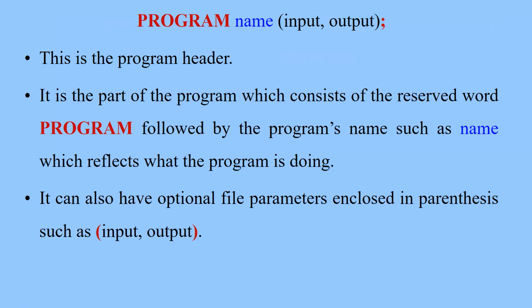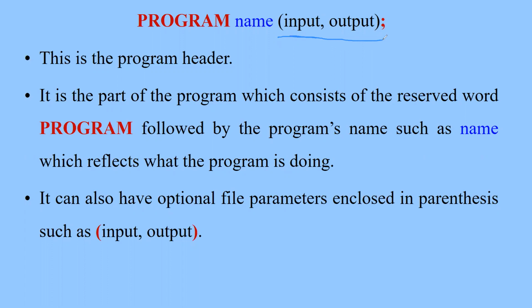So if your program is going to receive any entries through the keyboard, then you will have to indicate the word input. In other words, this section is going to be included if you are going to make use of the keyboard to make entries, or if you are going to display any values on your screen, like using the monitor.